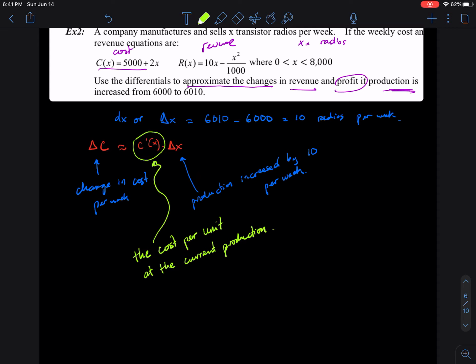That current level is x equal to 6,000. So C prime of 6,000 will tell us how much the cost is increasing per radio. Okay, now we have that out of the way.